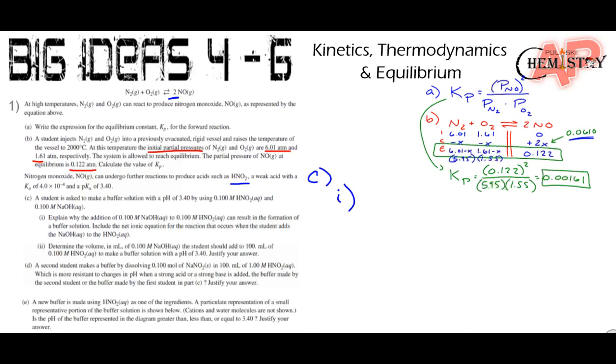Because it's asking for an equation, the best way to help explain this if you are looking at a problem like this and getting confused is to actually start with the equation first. So the key to this is that you need to understand that my NaOH is a strong base while my HNO2 is a weak acid. Weak acids and weak bases do not break up, but strong acids and strong bases do.